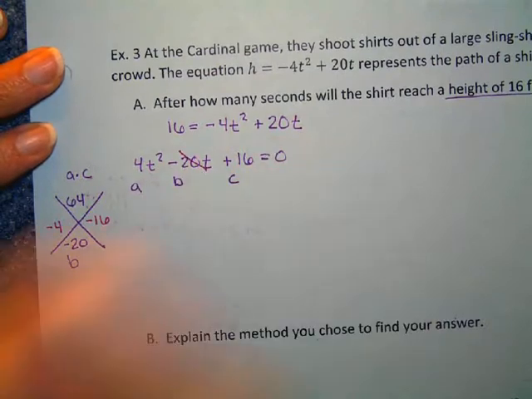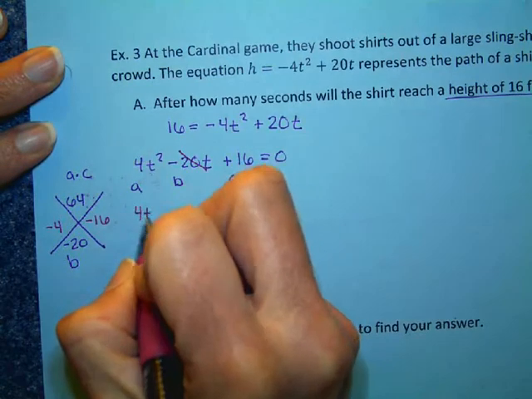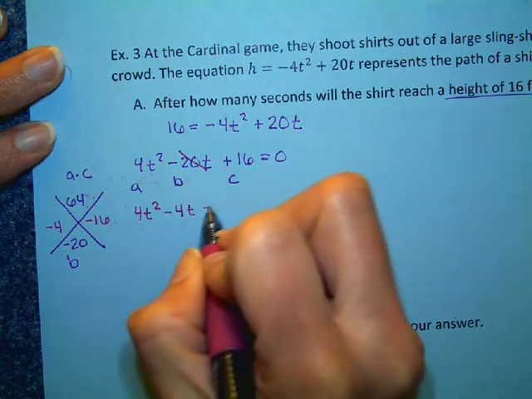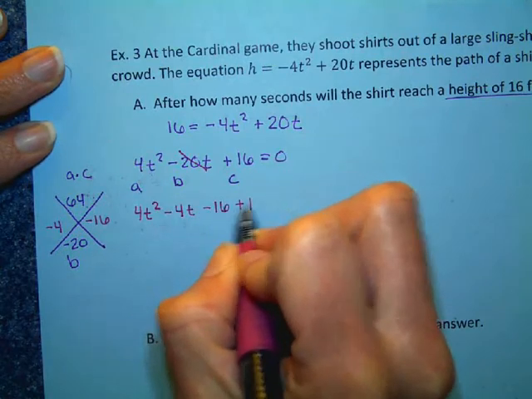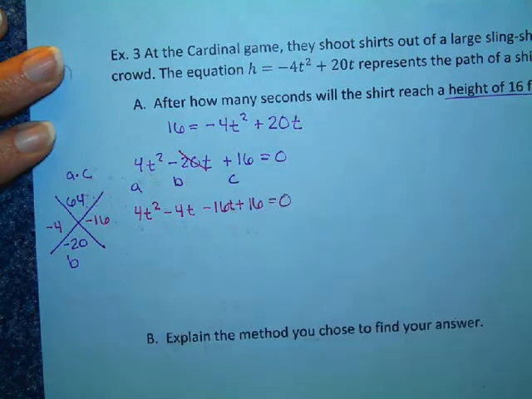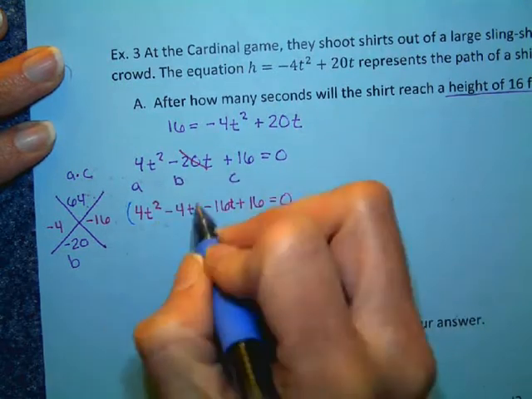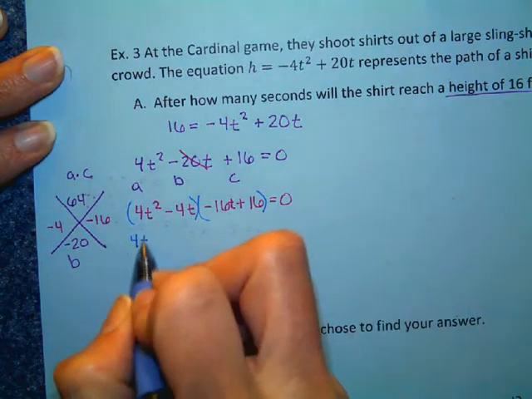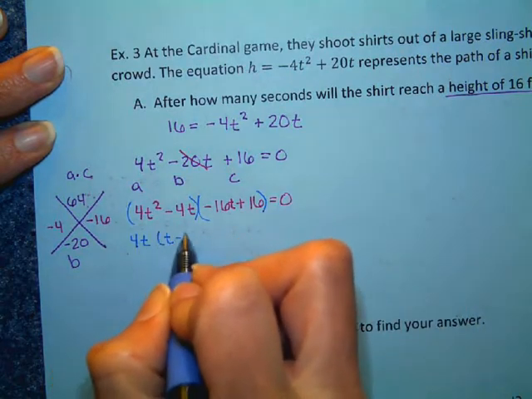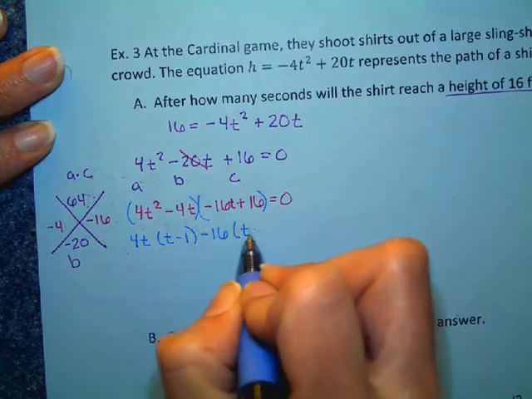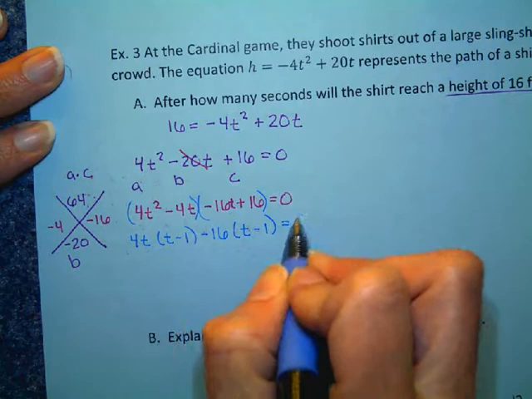This is factoring, the X method. And you group them. These two have a 4t in common. This one has a negative 16 in common. So one parenthesis is 4t minus 16.